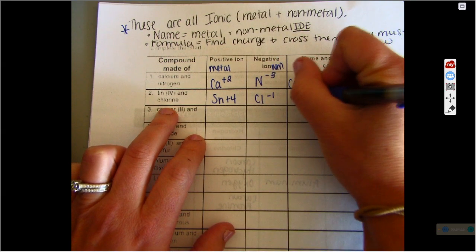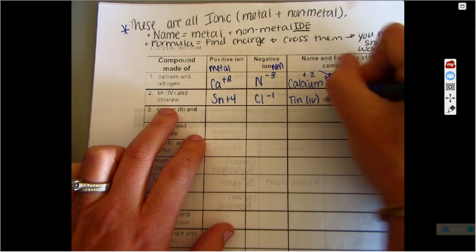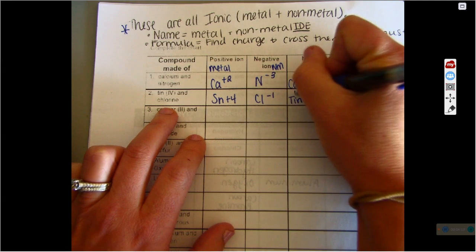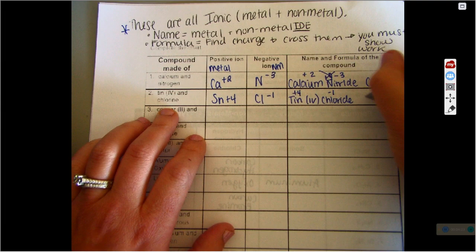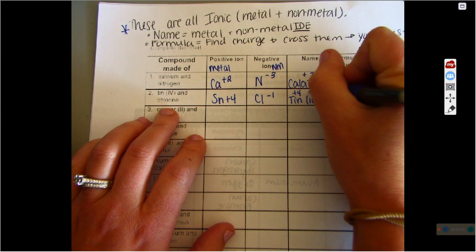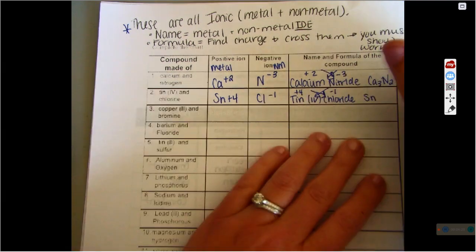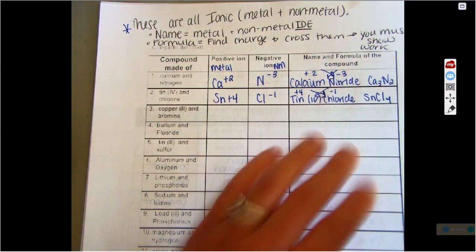So I would name that tin, 4, I put the Roman numeral there if I have it, chloride, and I would put the positive 4 above tin, the negative 1 above chlorine, and it would be Sn. It's going to get a 1 from chlorine, and chlorine is going to get the 4.